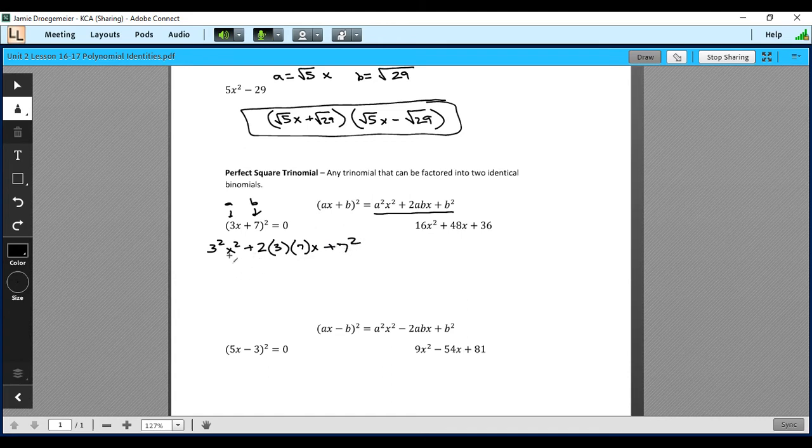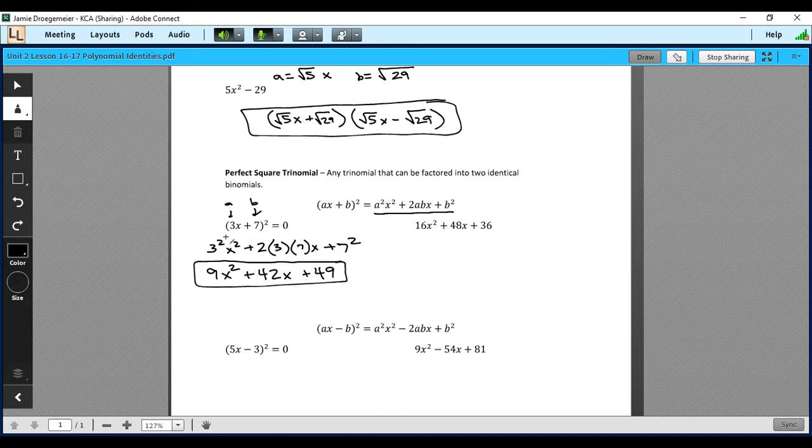So if we simplify this, 3 squared is 9, so that's 9x squared. 2 times 3 is 6. 6 times 7 is 42, so this becomes 42x. And then 7 squared is 49. So according to this identity, we could figure out that 3x plus 7 squared is going to equal 9x squared plus 42x plus 49.